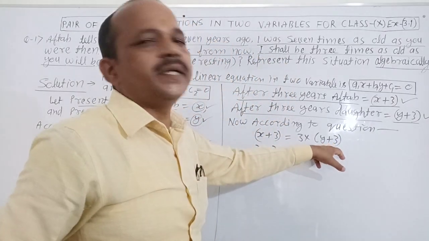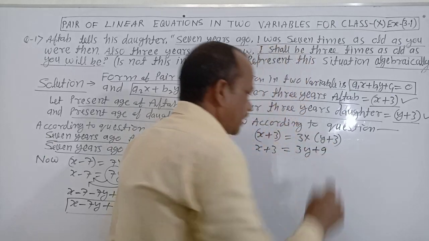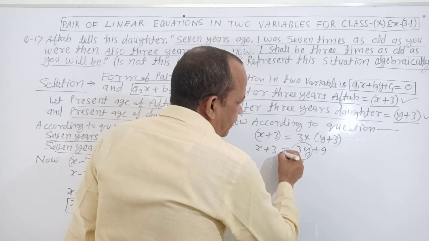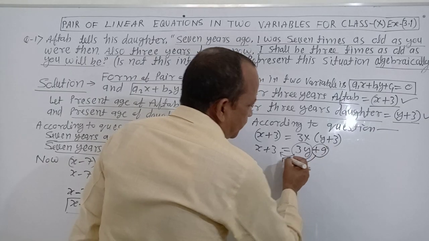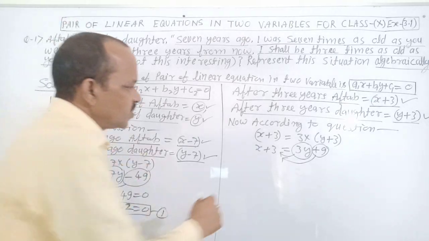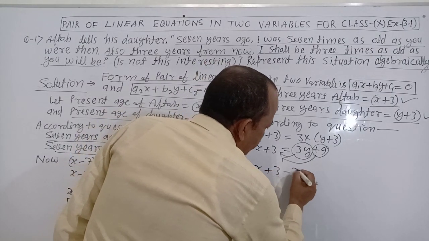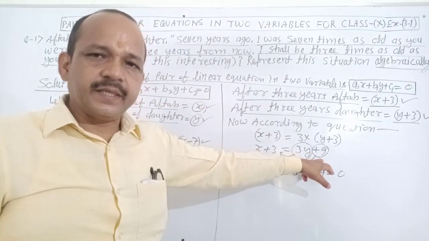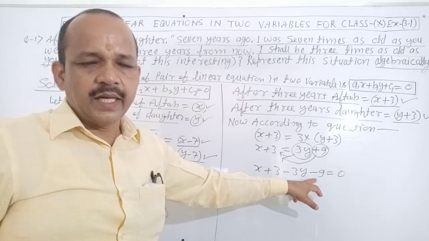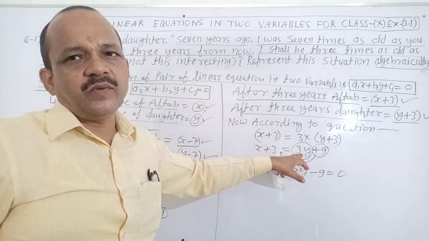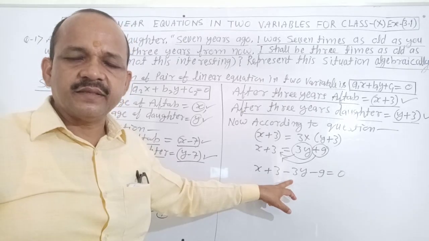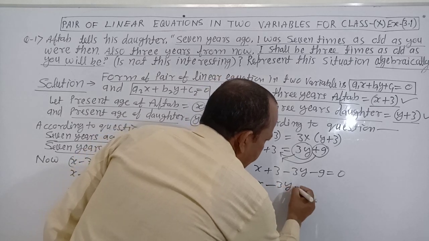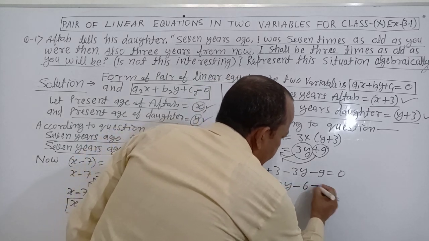You multiply 3 and 3, it becomes plus 9. Now you write 3y and 9 on the left side of equal. It becomes x plus 3 minus 3y minus 9 equal to 0. Plus 9 becomes minus 9, plus 3y becomes minus 3y on the left side. You can write it as x minus 3y minus 6 equal to 0.